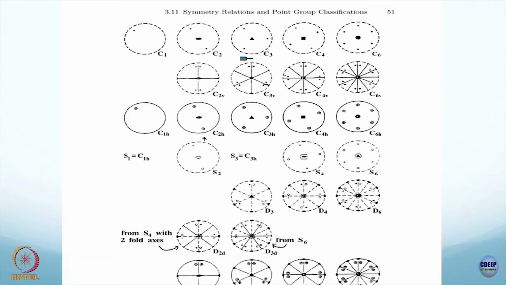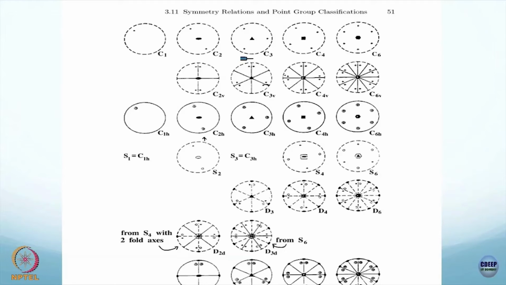Okay, so those are the notations which are given here, and you can show that there is no distinction between S3 and C3h. Whatever you have drawn for C3h, if you draw S3, it will be exactly similar to C3h. Please check it out. And S4 I have already drawn for you.